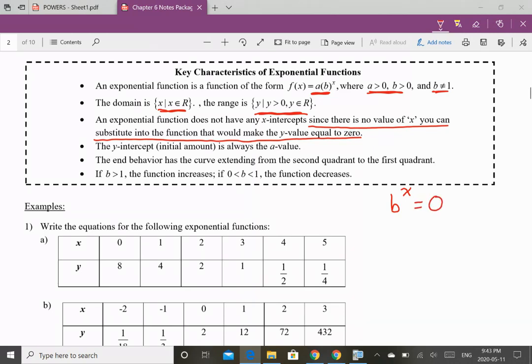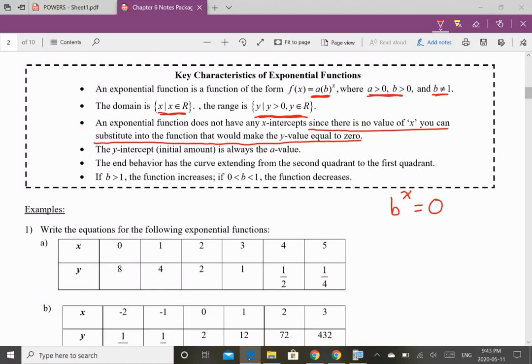It is impossible. You cannot take a positive base and raise it to any exponent and get 0. This can never work, which is why we never have a y value of 0. That is why we never have an x-intercept.